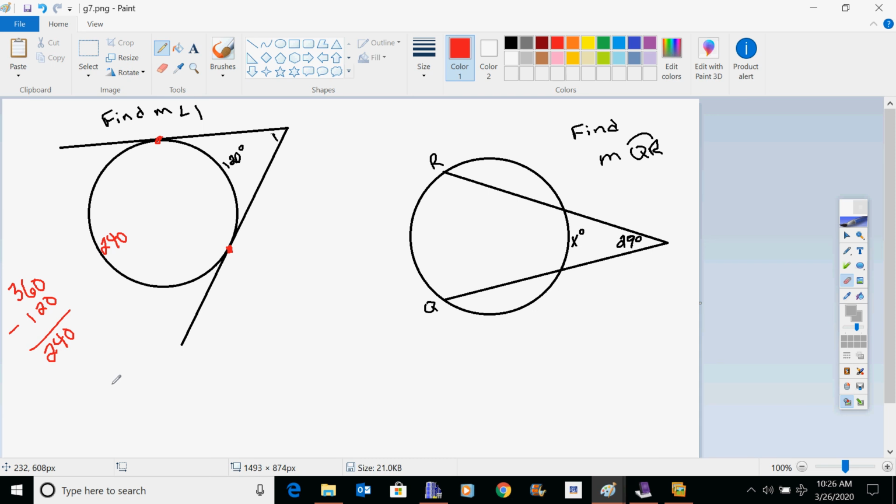Then you do 240 minus 120 divided by 2 because it crosses outside. So that would be 120 divided by 2, which would equal 60. So in this case, your angle 1 equals 60 degrees.